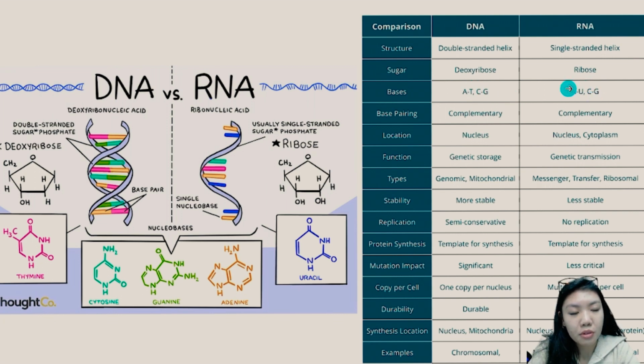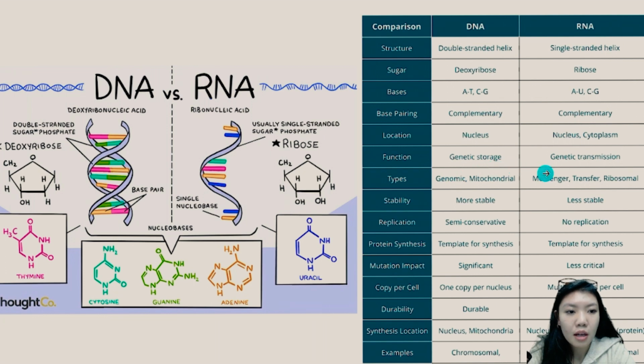But in RNA we see adenine complementary with uracil, cytosine complementary with guanine. Also in their location, DNA is always located in the nucleus, but RNA is located in the nucleus and also in the cytoplasm. And there's a difference in their function. DNA is always about genetic storage, but RNA is about genetic transmission.